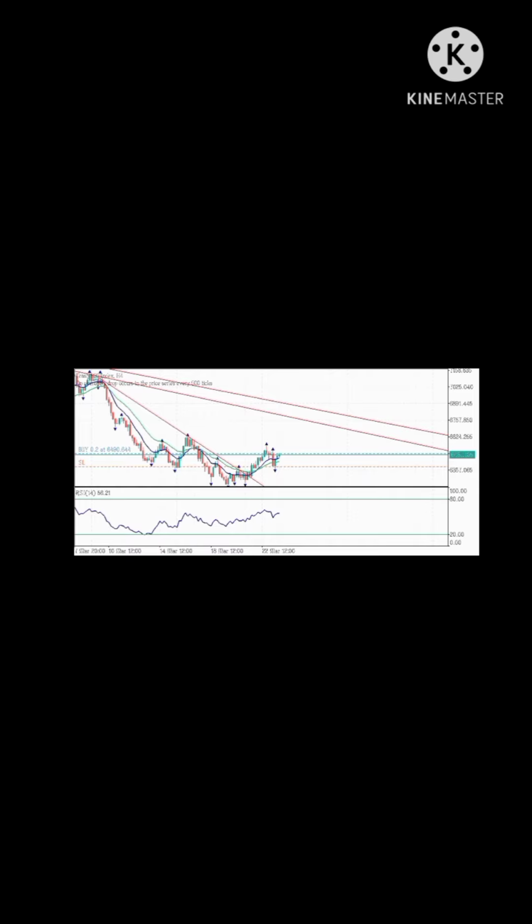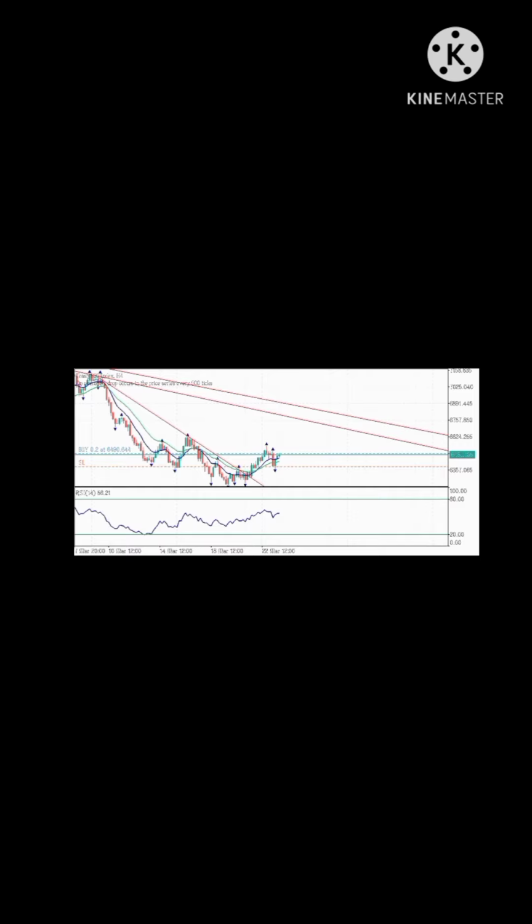Then you follow the direction, you follow the action of the market currently. The next thing to do is to check other indicators, so that you are entering at the perfect time and at the perfect point.